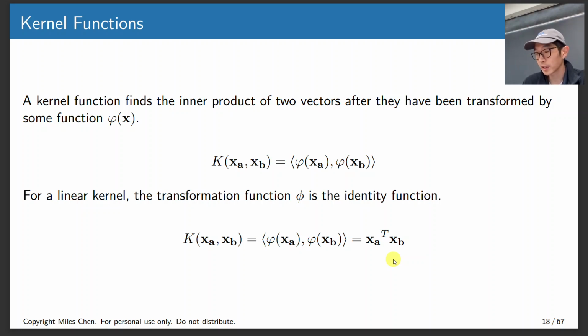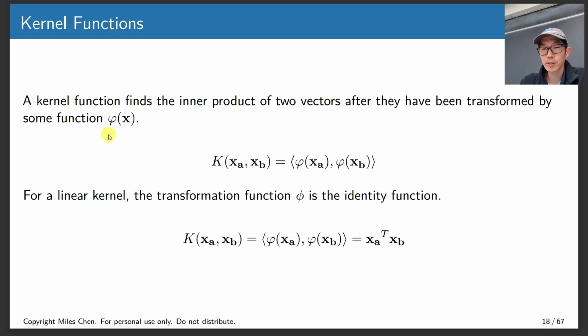That counts, okay? In that case, you don't have a transformation function. But a kernel function can also be the result of the inner product of two vectors after you apply some transformation function phi.